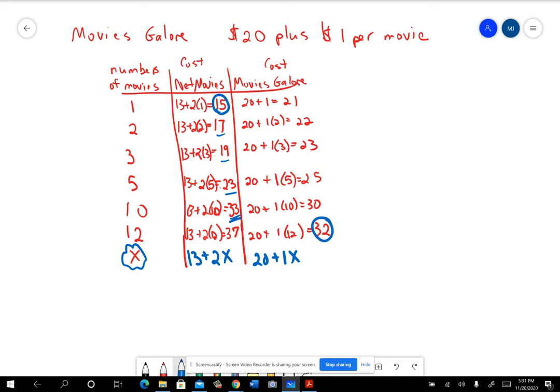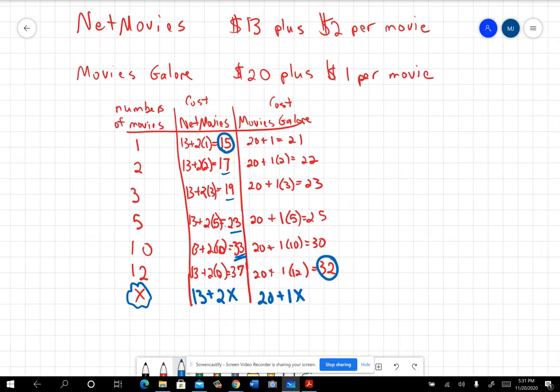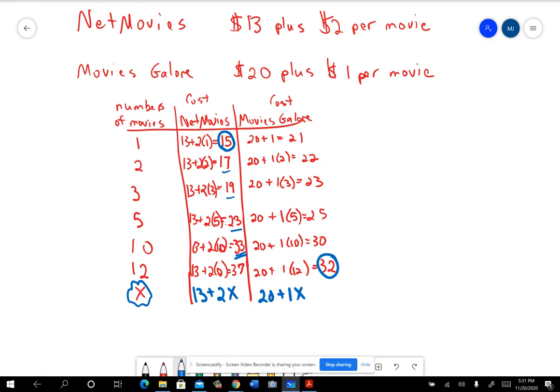And then those expressions we could use to make an equation describing the two relationships we had earlier. If we let the cost be Y, we could say here that the cost would equal 13 plus 2 times the number of movies. And here the equation would be Y equals 20 plus 1 times the number of movies.